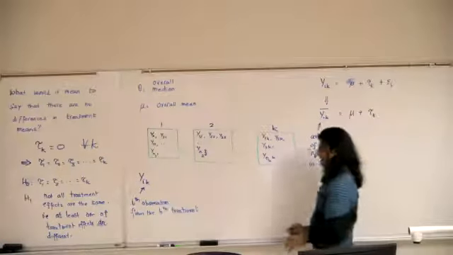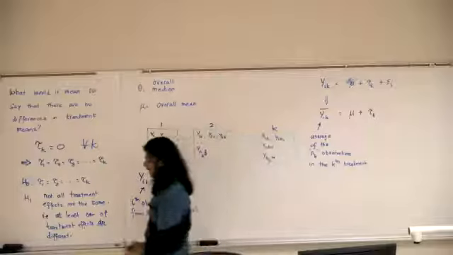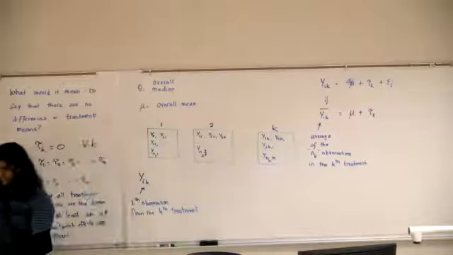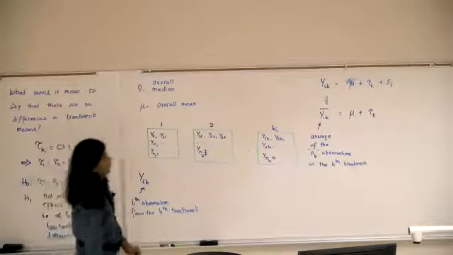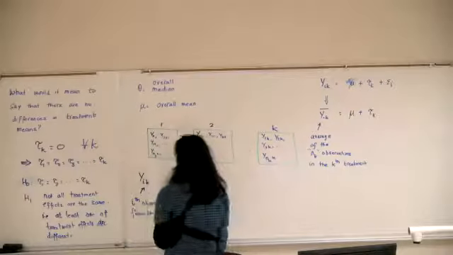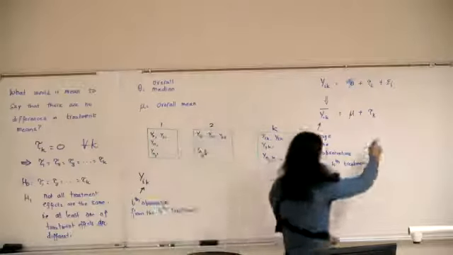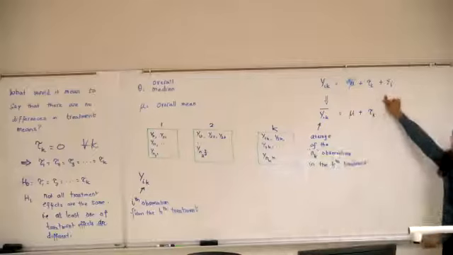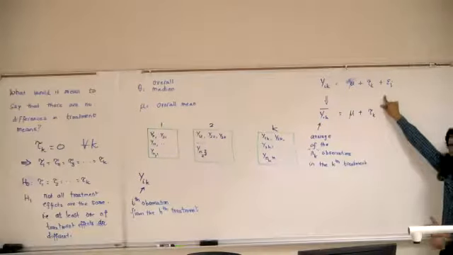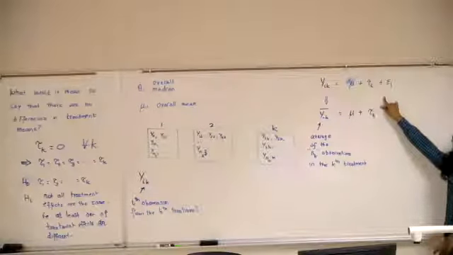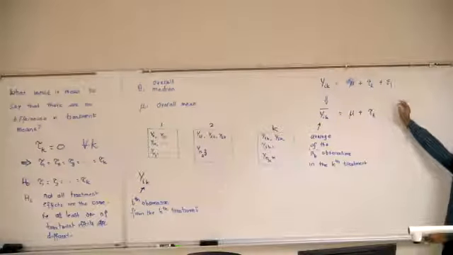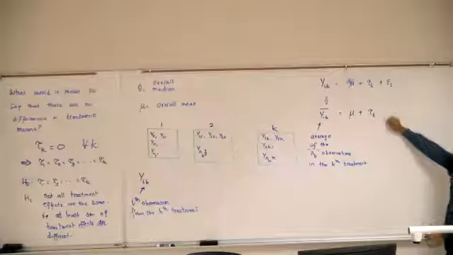But analysis of variance has a bunch of assumptions. One of the key assumptions is that epsilon I is normally distributed. It has to be a bell curve. If the noise is not a bell curve, then we can't use ANOVA.